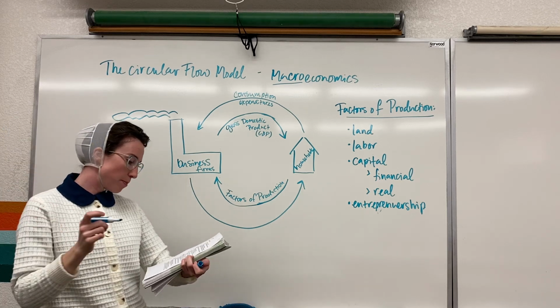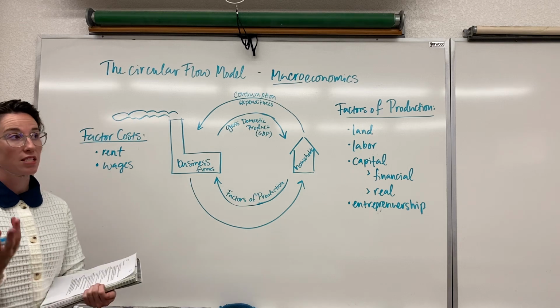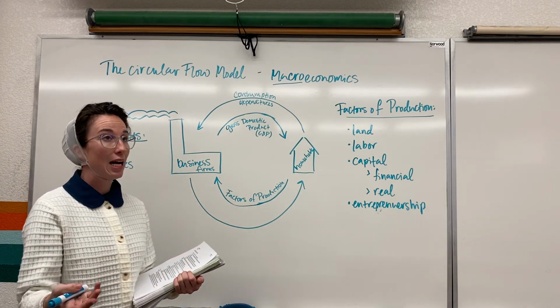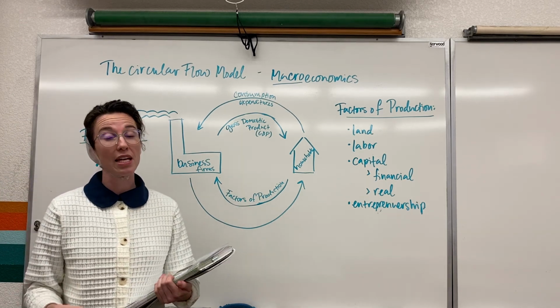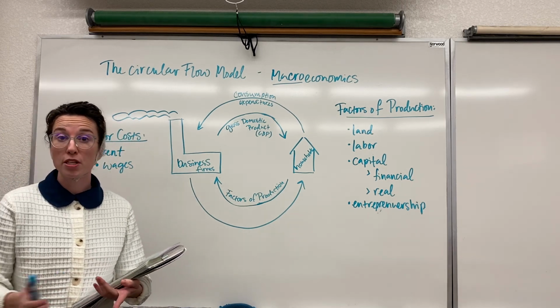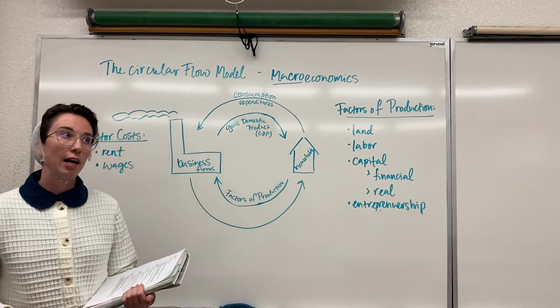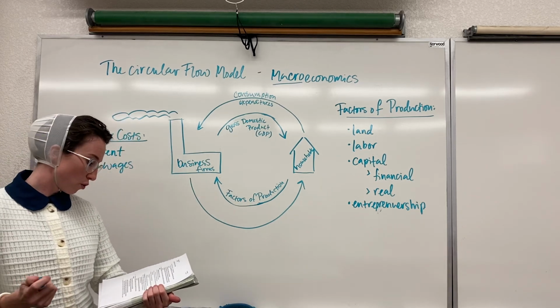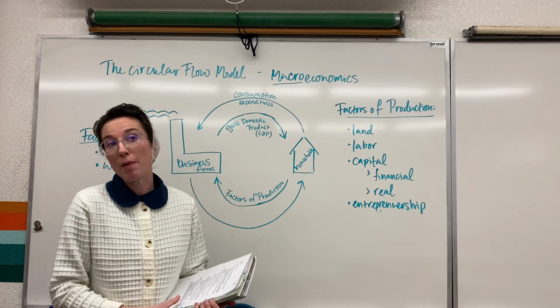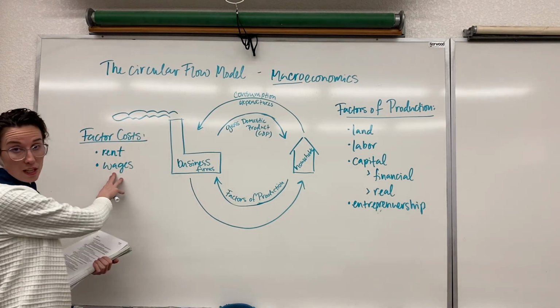All the payments for labor used to produce goods or services. This could be just like your hourly wage or your salary, as well as benefits you receive. Maybe you receive insurance through your work, or like dental insurance or medical benefits, different things like that. This would all be included in wages, okay?